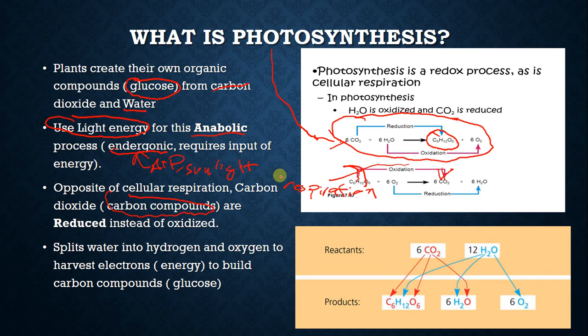Where do we get the electrons here to reduce carbon dioxide into glucose? Well, we get those from water. So one of the first steps in photosynthesis is we split water into oxygen and hydrogen ions, and we use those electrons to reduce carbon dioxide and form glucose.